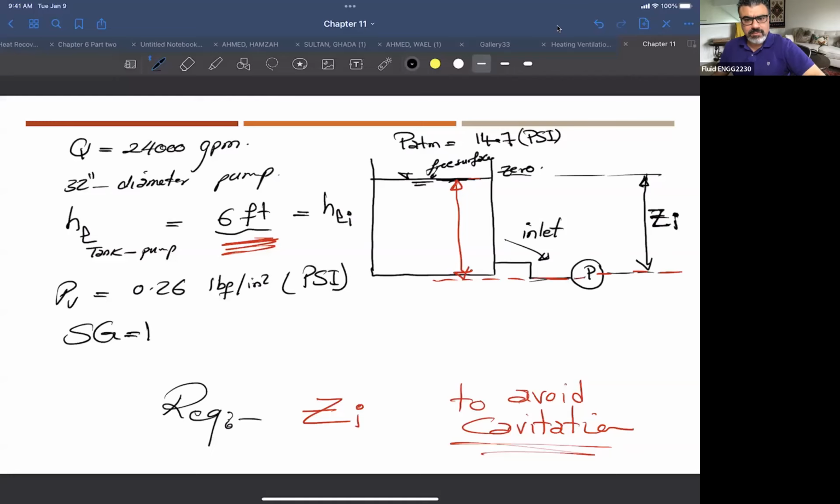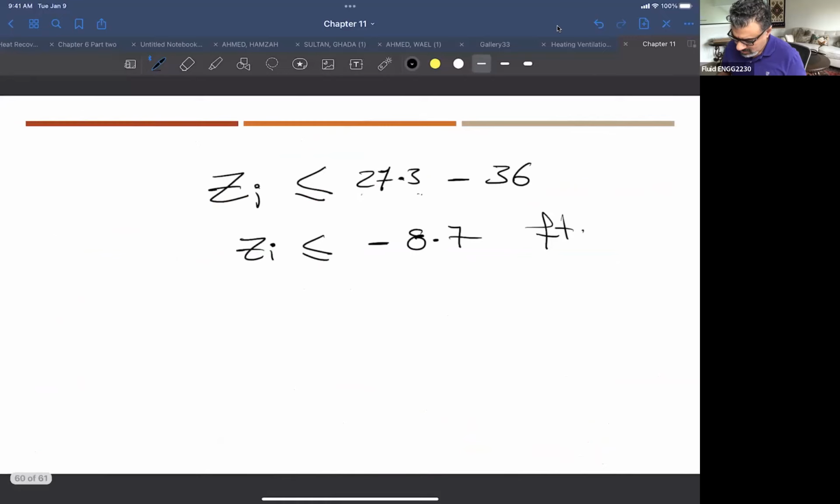It can be even lower, right? Because you see here, equal or less, which means equal or less of minus 8.7. So minus 10 is less. So you can even put the pump even lower, right? But can you put the pump at 8 feet from the surface?